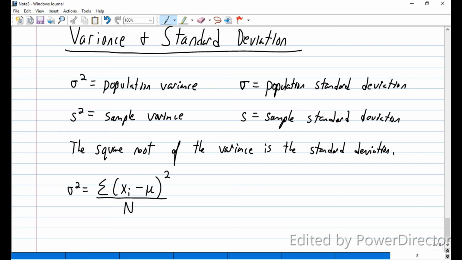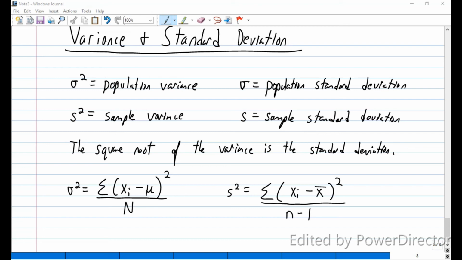All right, if we're talking about a sample variance, s squared is equal to the summation of x sub i minus x bar, squared, all divided by n minus 1. Now, you should be thinking, why n minus 1? Why not just n?